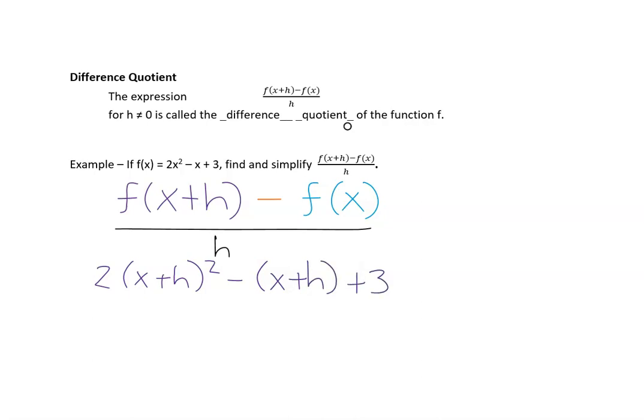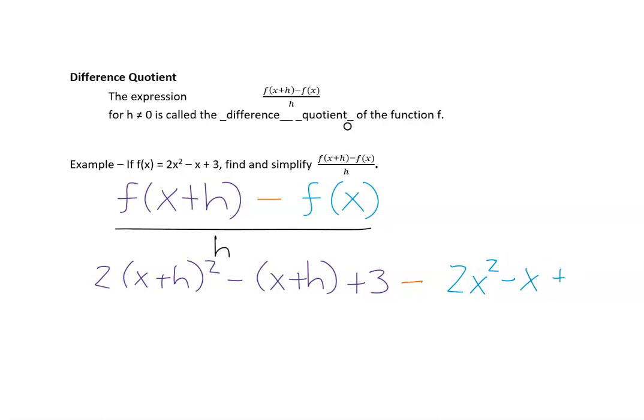And that represents f of x plus h. We still have our minus sign here, which I'm going to do in orange. And then we have f of x, which is just 2x squared minus x plus 3.